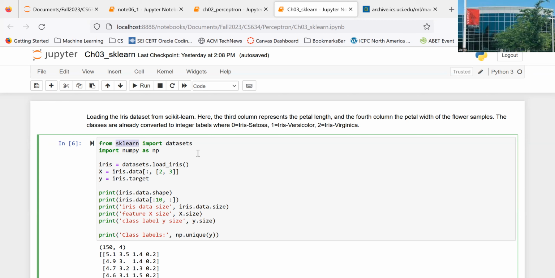For label data, here we do classification. And with this classification, we do supervised learning. Okay.